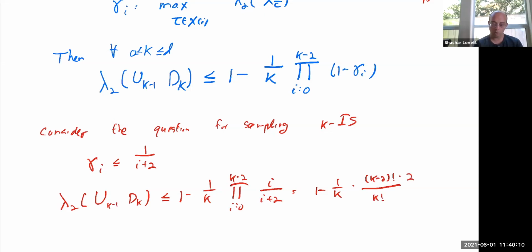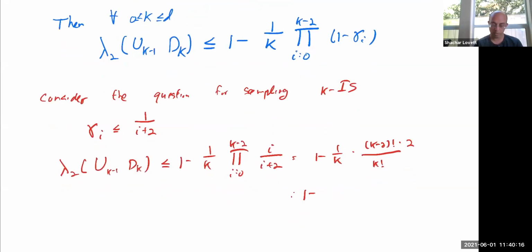And overall, we get 1 minus some constant over k cubed. The important thing here is that the gap from 1 is noticeable. It's on the order of 1 over k cubed.